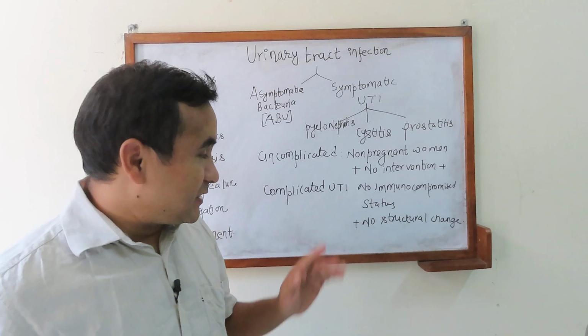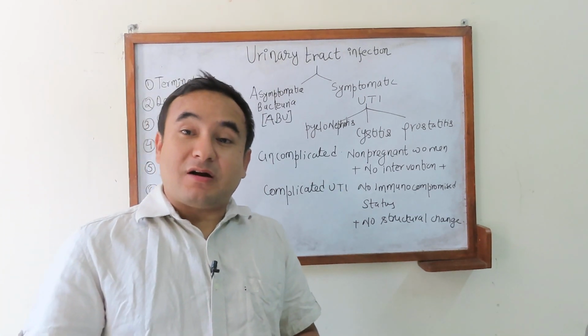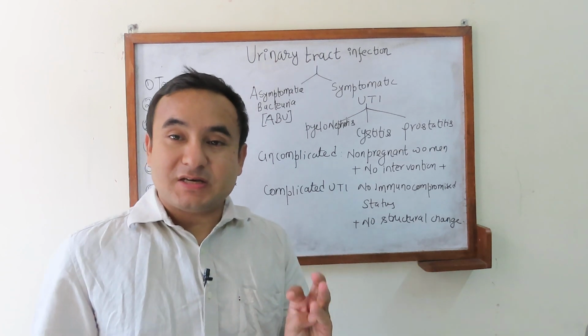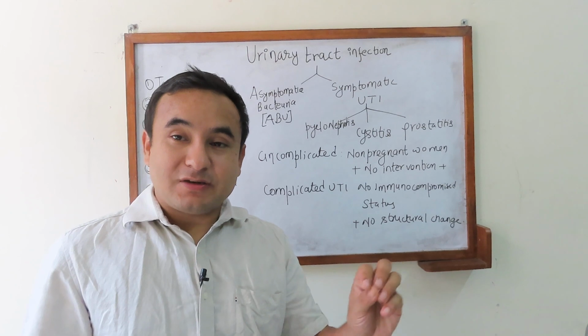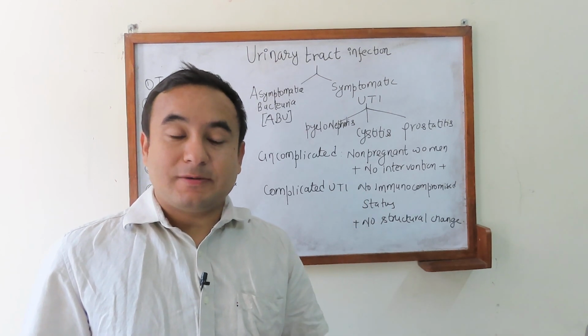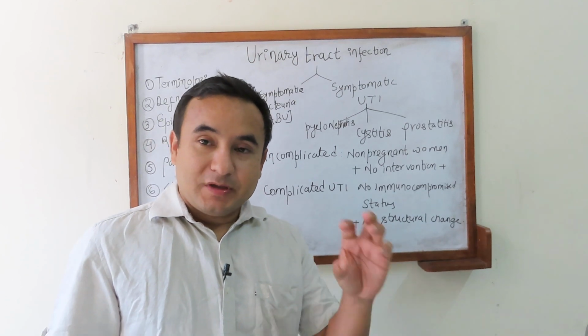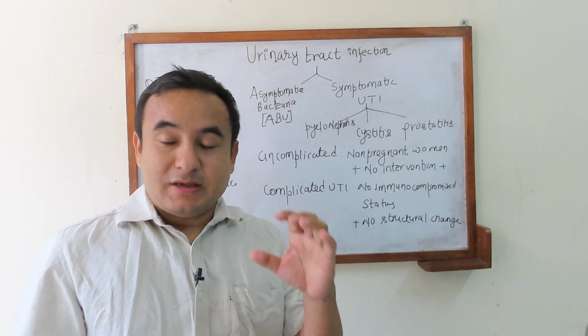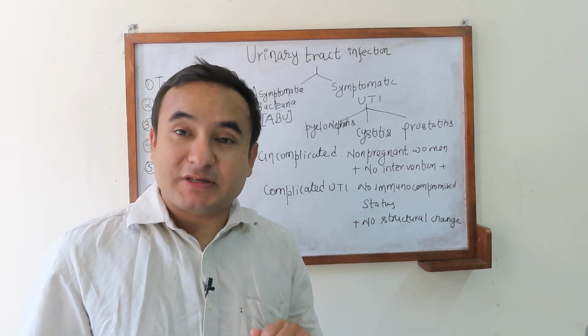That is uncomplicated UTI, and complicated UTI is a UTI occurring in a male patient, pregnant patient, or immunocompromised patient, or with some intervention. Like if someone has UTI and also has diabetes, that is complicated UTI.